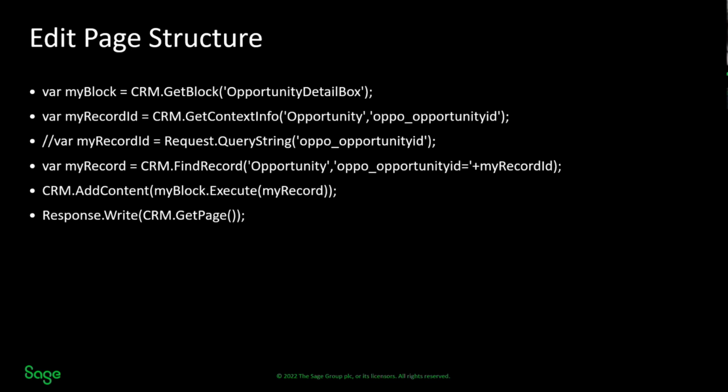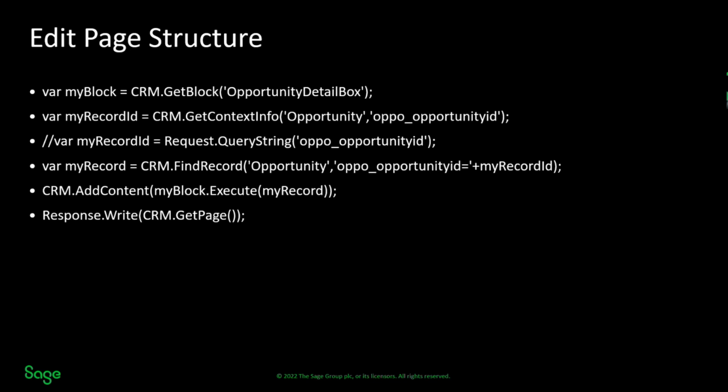We next can see that our context is used to restrict the record that is returned. That's my record. So we've got a different method being used here, crm.findRecord, and that can go off and retrieve the record that we're interested in. You can't get a record that you don't have authorization for, so this would return no record if the person didn't have the rights to look at that.